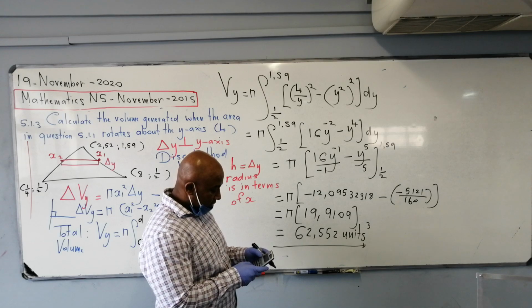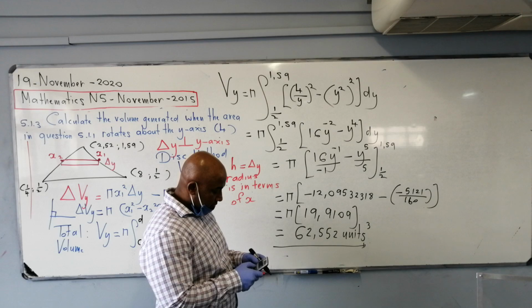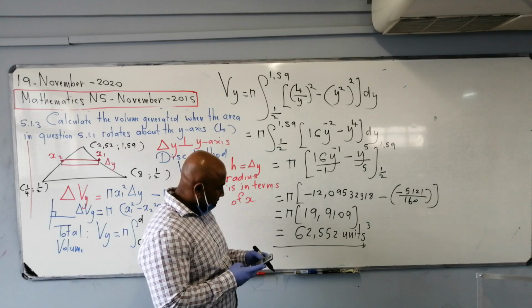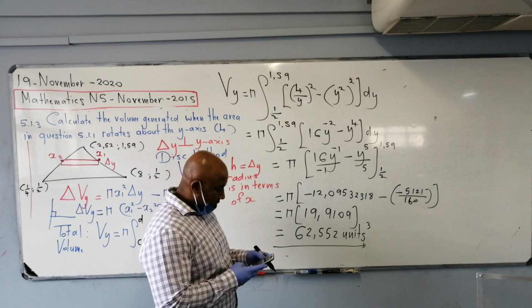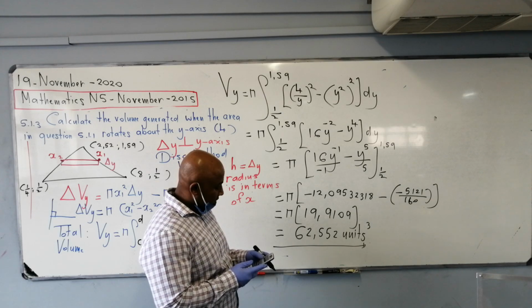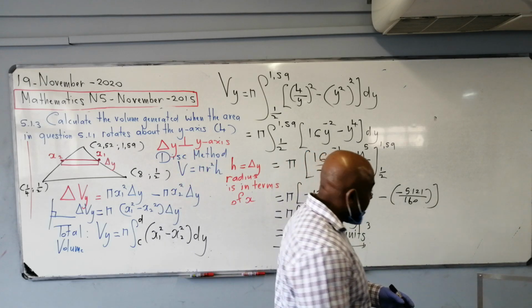And we got minus to the power 4. So yeah, let's substitute there. Yes, that is correct. Times pi. That's fine. The answer is correct.